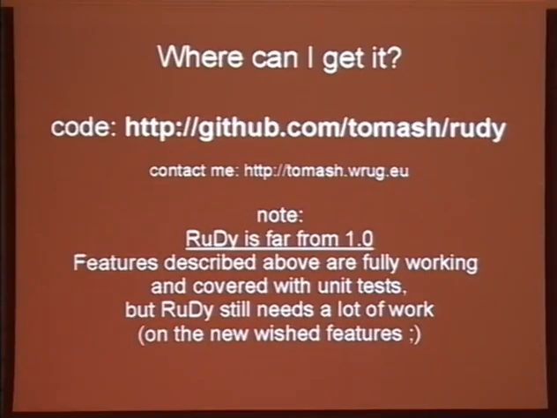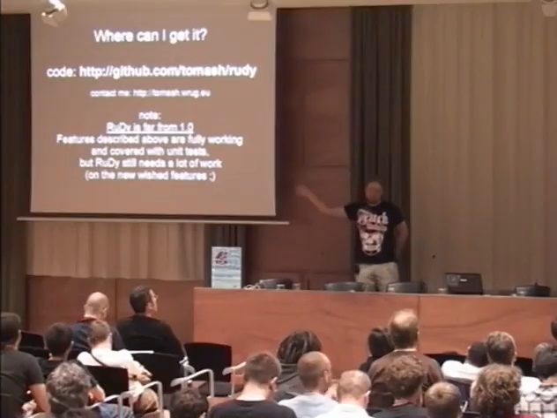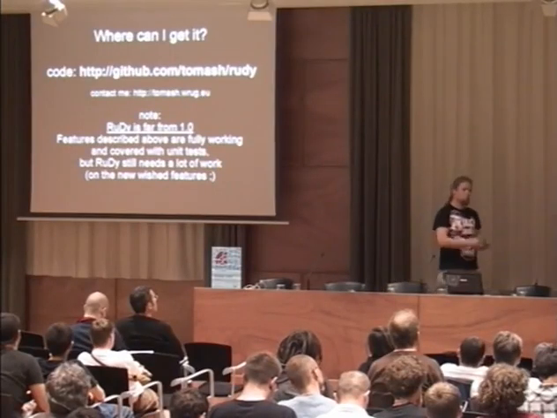So if you want to get it, it's on GitHub. You can clone it. You can read a bit about it. Before you bash RuDy or kill me with your questions, I'm sure you will anyway, RuDy is young. It's far from 1.0. So features described or covered with tests on the project page are working. They are tested.